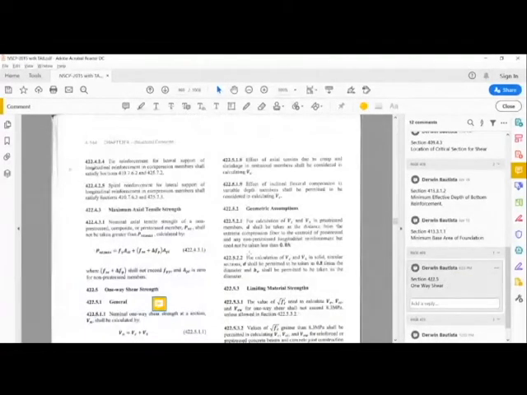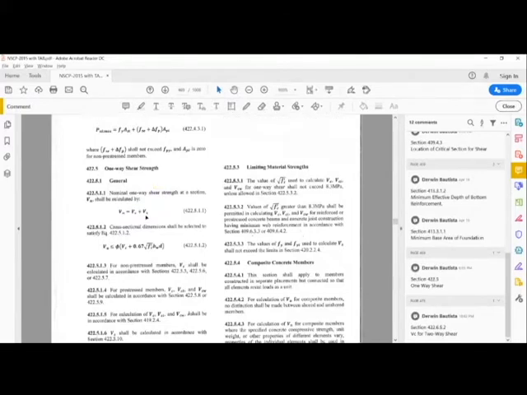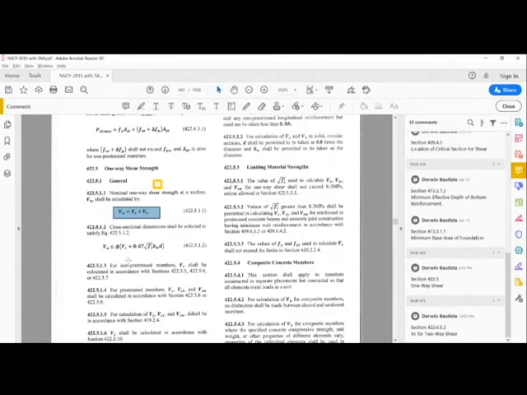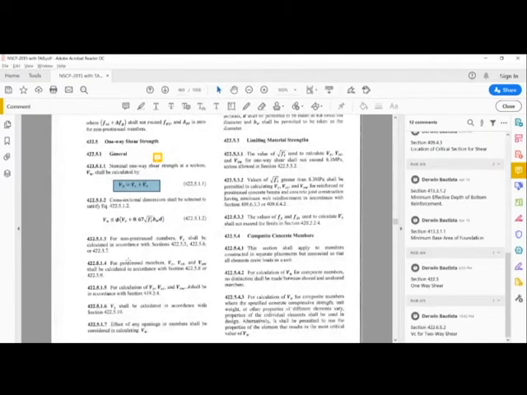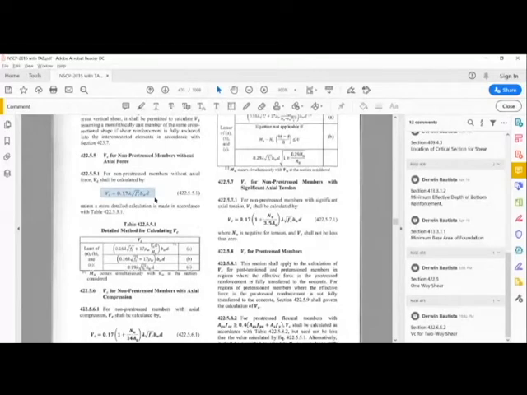section 422. So this is your Vn is equal to Vc plus Vs, no? So we don't need your Vs kasi nga we don't have to put stirrups, so therefore Vn is only equal to Vc. So Vu is equal to phi multiplied by Vc. Okay, ang formula natin for Vc is equal to this one. So ginamit ko yung 1/6 doon, but you can also use 0.17, if that is written on your code.